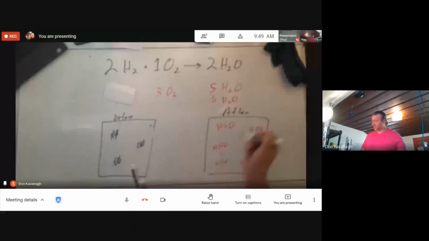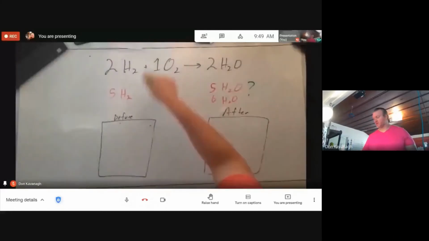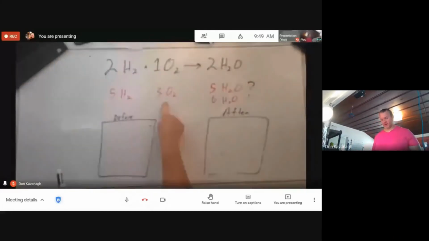Let's put them together in the same reaction vessel, the 5 H2s and the 3 O2s, and see which one of these is correct.